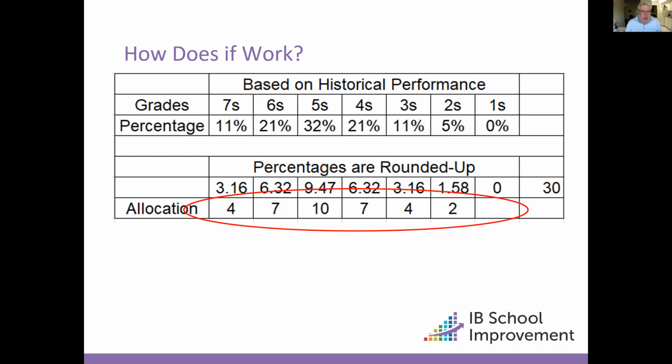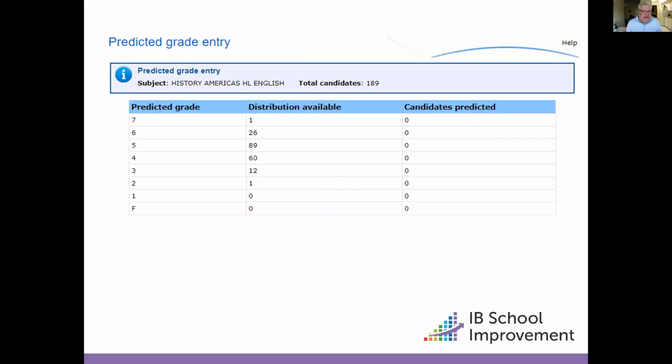So when you go to award predicted grades, you can award fewer than 4 sevens. You just can't award more than 4 sevens. And if you go into IBIS, you will see the predicted grades and the distribution that's available.